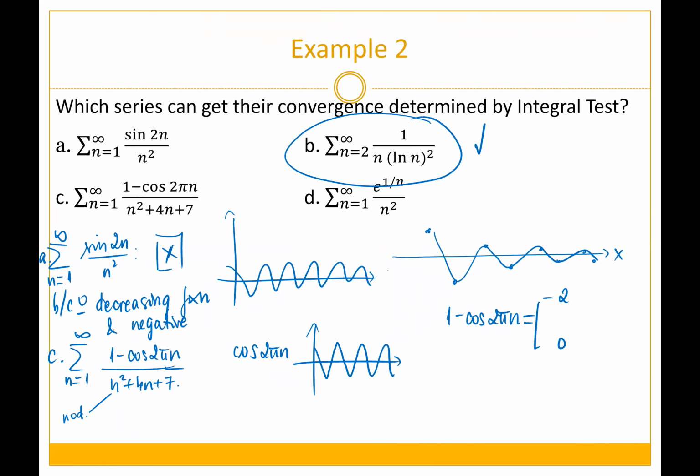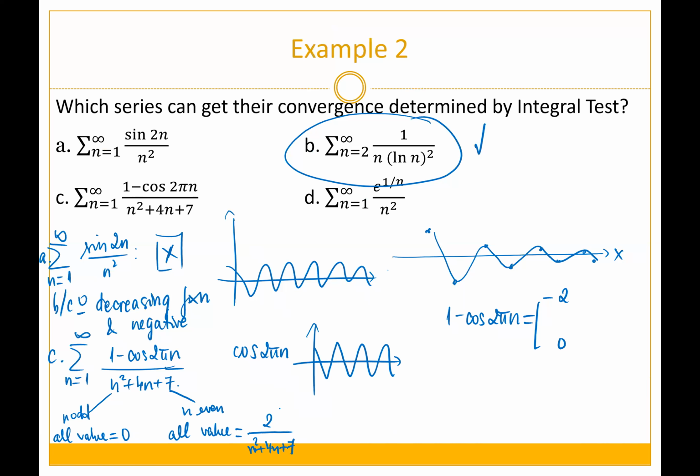If n is odd, all values equal 0, because when n is odd, 1 minus cosine 2 pi, or 1 minus cosine 6 pi, is going to be 0. It's 1 minus 1. So half the values are 0 and half the values are equal to 2 over n squared plus 4n plus 7.